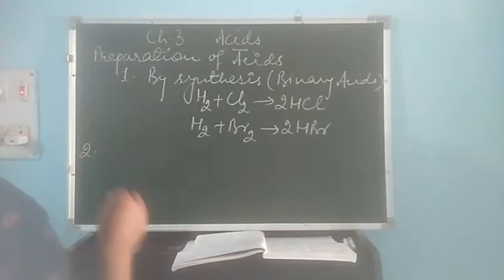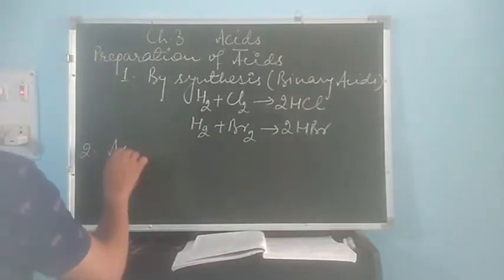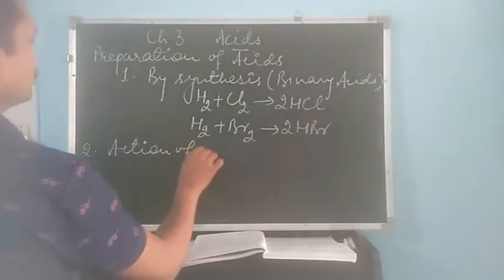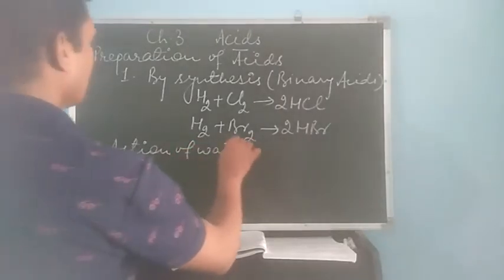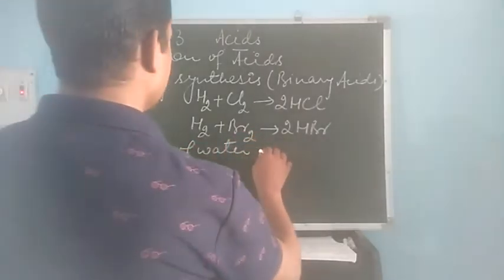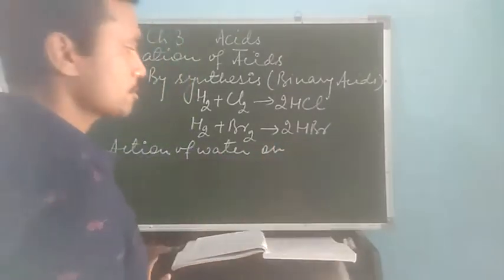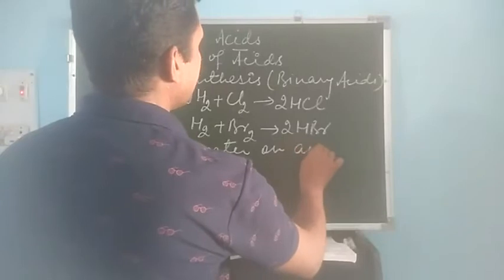Second method is action of water on non-metallic oxide, or we call it acidic oxide.